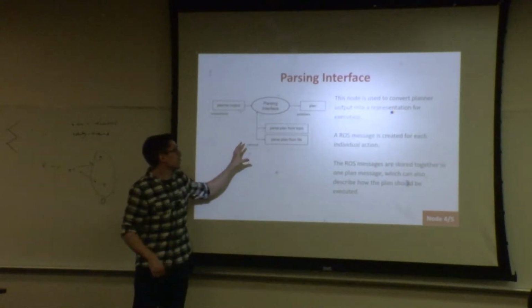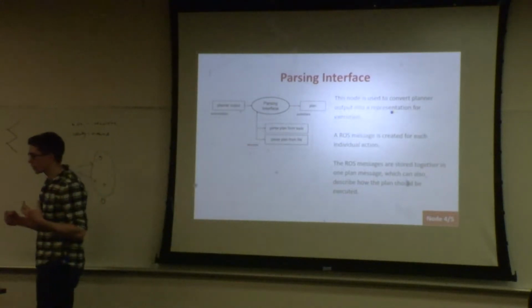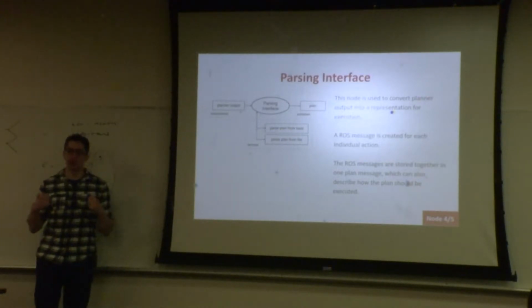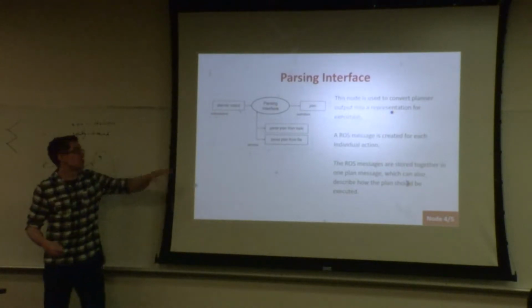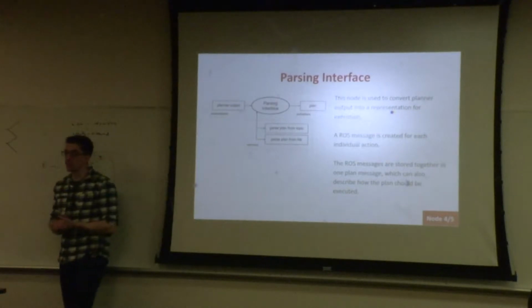But the parsing interface also does slightly more than that, which is that it will collect those action messages together into a plan message, the structure of which depends on which parsing interface exactly you're using. We'll have a look at a couple.